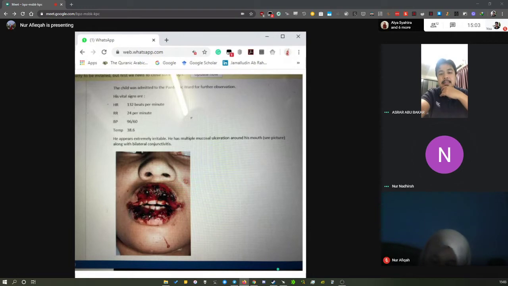But it's not quite a useful sign during the acute phase, because the platelets can take a while to rise. It can take a few days once the illness has started before you see the thrombocytosis. So I wouldn't say it's a specific sign that can be helpful in the early stages of the disease. Okay, good.